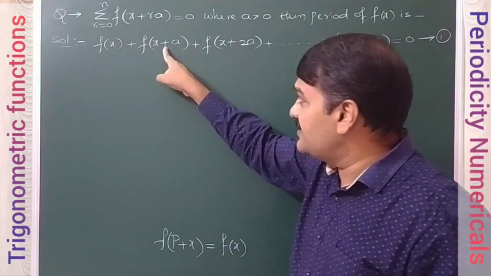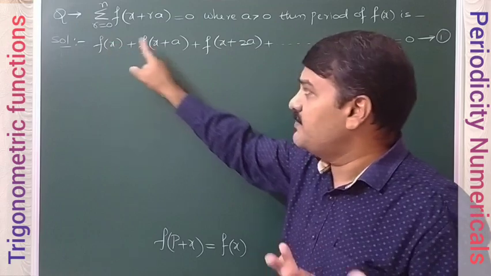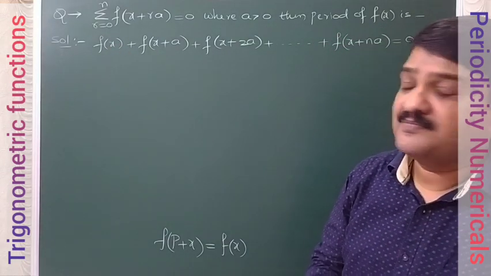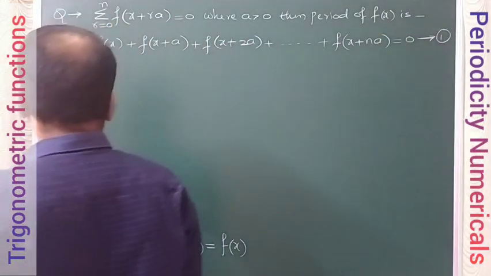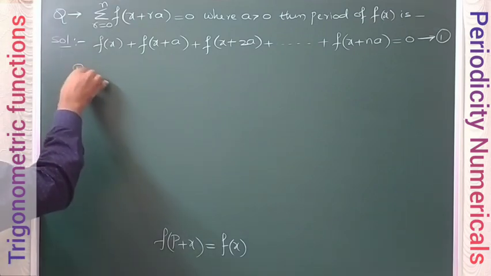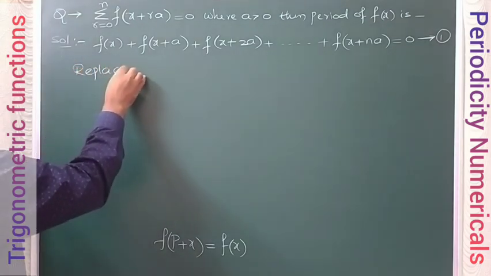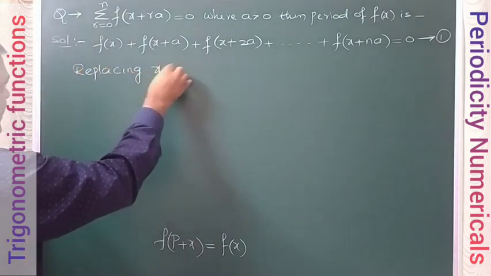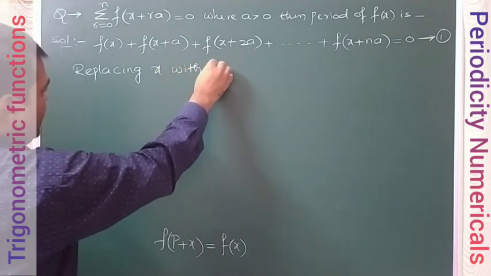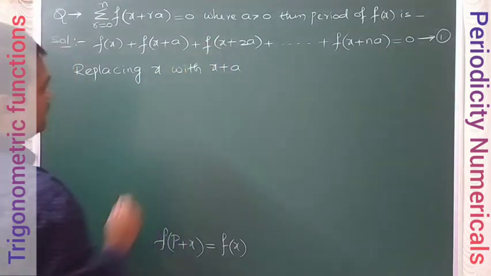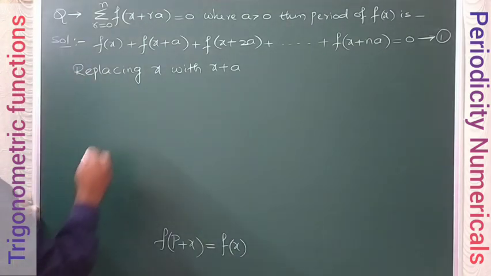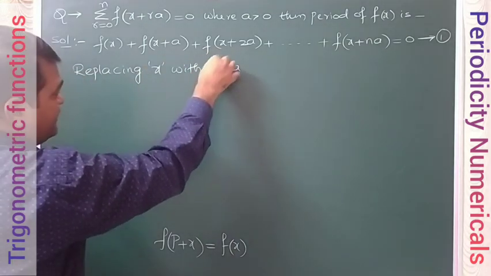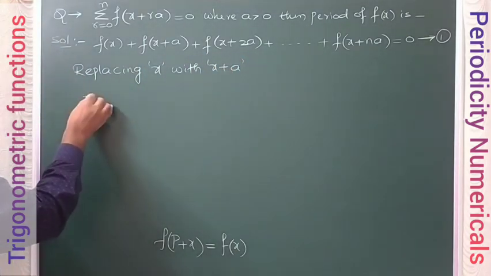So in order to get this in the first place, replace x with x plus a. So therefore the first step is replacing x with x plus a in the above equation. So wherever you find x, replace with x plus a.